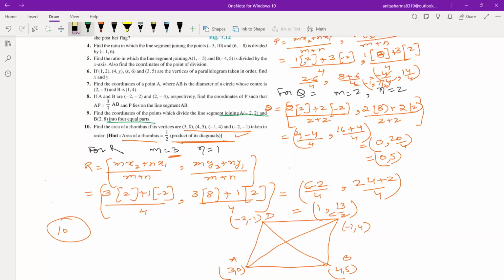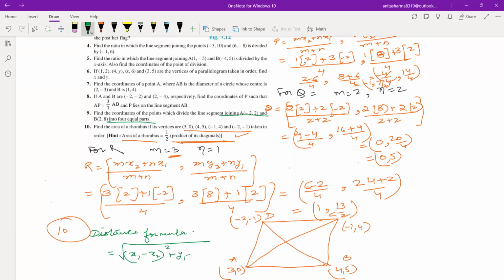Am I audible? Ma'am, your voice is breaking. Apply the distance formula, children, between AC and BD. What is your distance formula? Speak. X2 minus X1 whole square plus Y2 minus Y1 whole square.